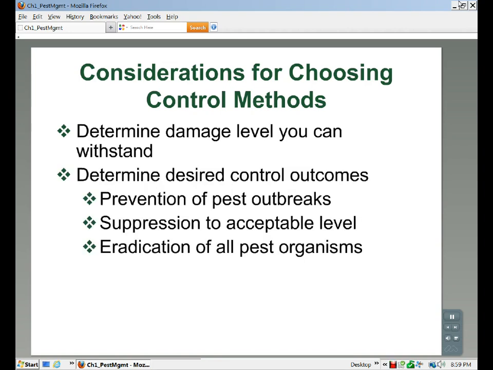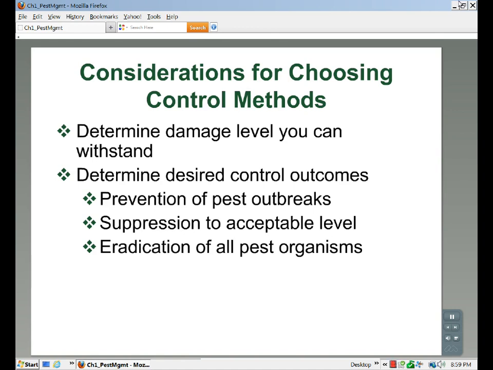Are there strategies you can use to prevent the pest from becoming a problem? Can you tolerate just knocking the pest population back a little, suppressing it, or do you actually need total elimination or eradication of the pest organism? This may depend on agricultural markets or a customer's demand for a pest-free environment.